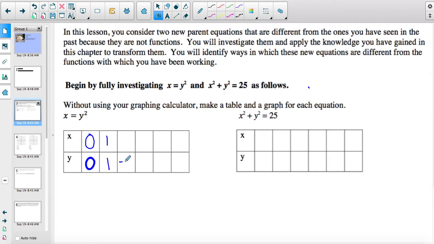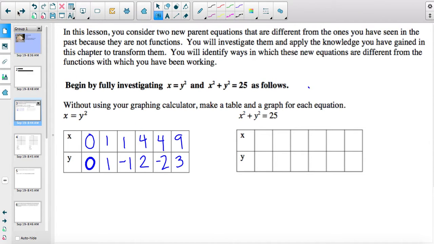If I make y negative 1, then x would be positive 1. If I make y 2, x would be 4. And if I make y negative 2, x would also be 4. And if I make y 3, then x would be 9. Okay? So there would be a table for our first function.